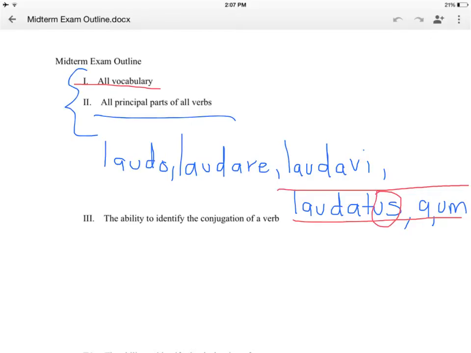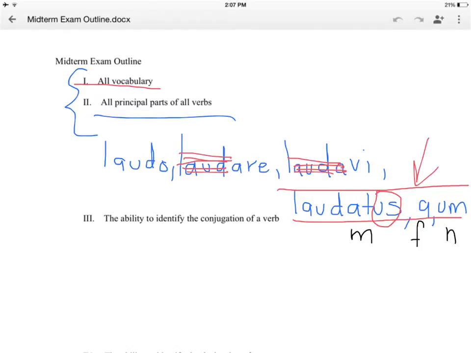Remember that your book is going to abbreviate it so that it's going to look like this, laudo, and then it'll just have A-R-E, and then it'll just have V-I, and then it'll just have one of the 3 gendered answers right here, laudatus, laudata, laudatum. But for future reference for this class, remember that there are 4 principal parts, and the 4th principal part is a participle, which is a kind of adjective, so it has a masculine, a feminine, and a neuter form.